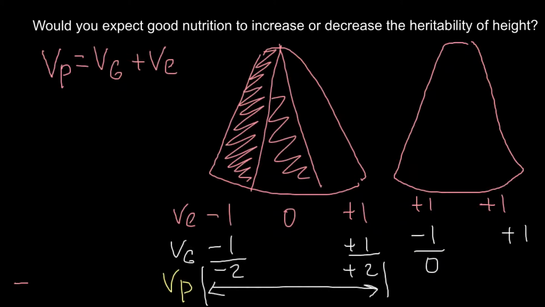And what can we get as the best condition? This would be the best genotype and best environment, which would give us +2. So our variance here would be between 0 and 2.